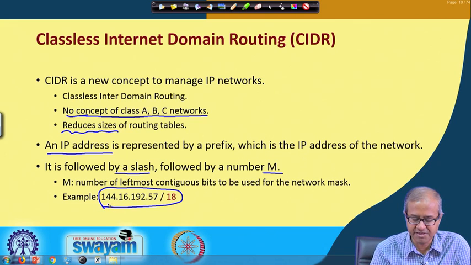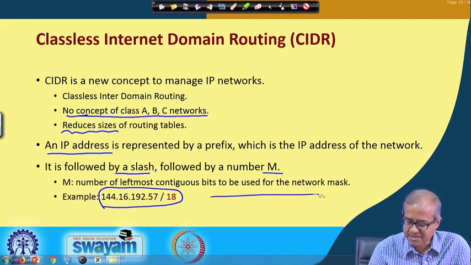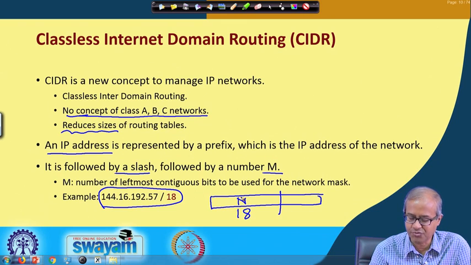So, I specify this 144.16.192.57/18. What does this 18 indicate? 18 indicates that I have this 32 bit IP address whatever is given. The first 18 bits, this will be my network and the remaining 14 bits will be my host.